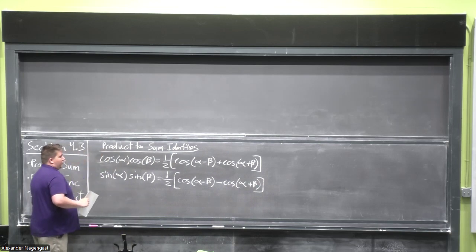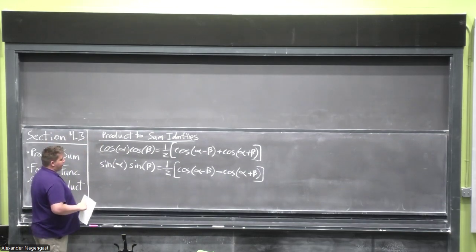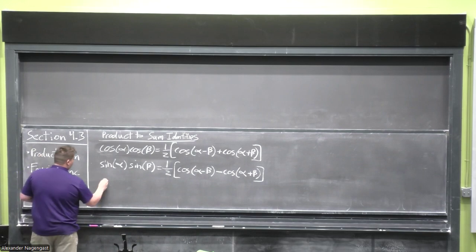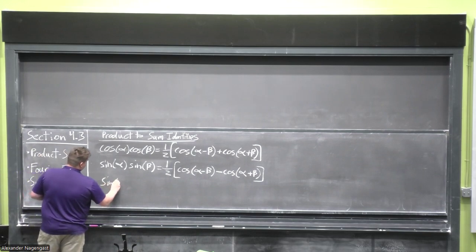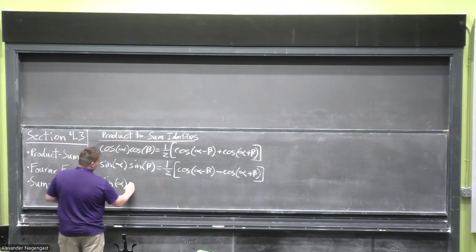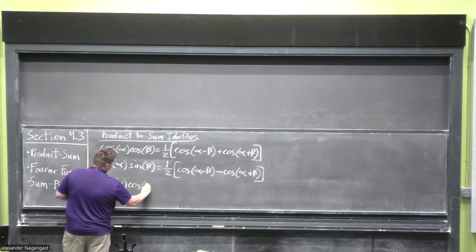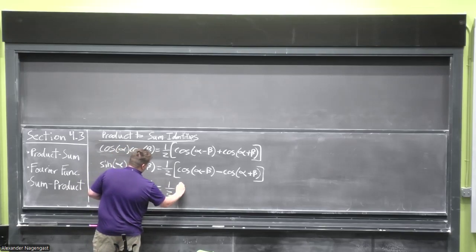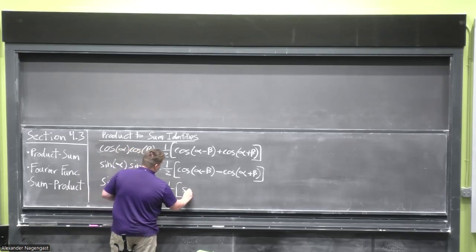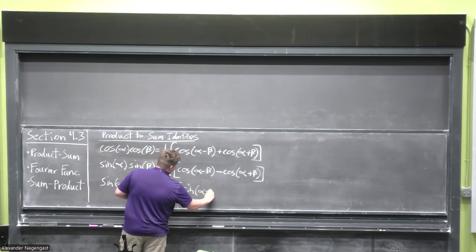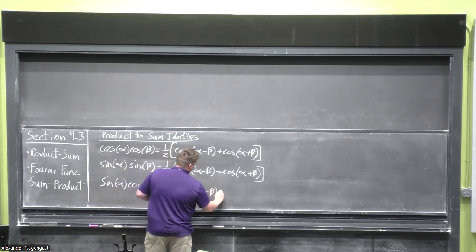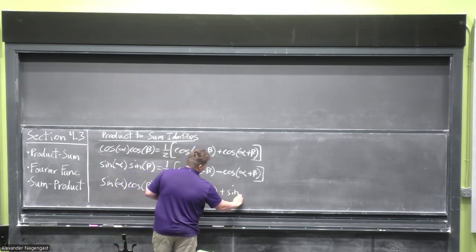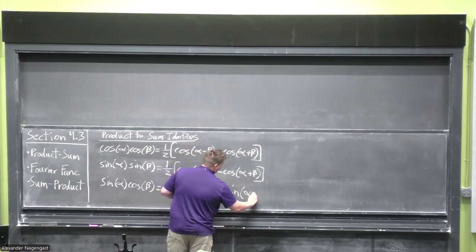And finally, we can have a combination of sine and cosine. So we write sine of alpha times cosine of beta is equal to 1/2 times sine of alpha minus beta plus sine of alpha plus beta.